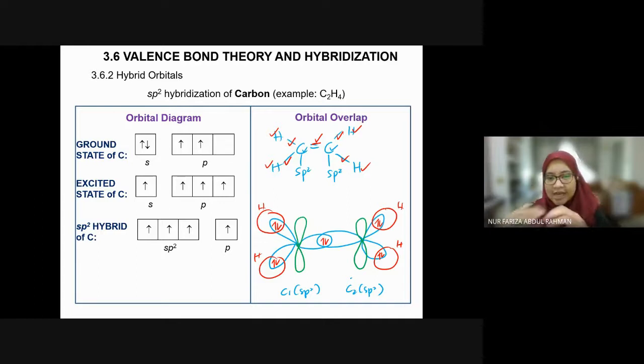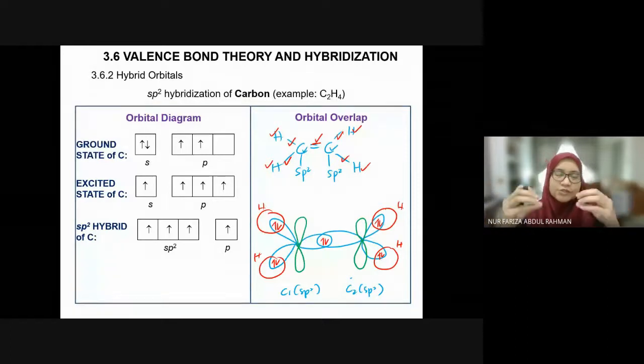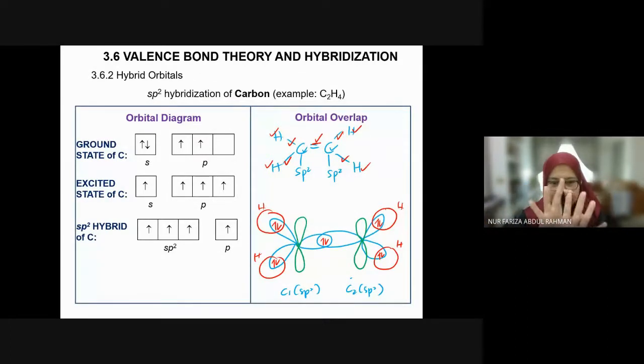But since dia dah extended, dia jadi memanjang ke belakang, jadi dia nampak macam dia tak overlap. Sebenarnya in reality all the bonds, they overlap with one another. Okay, so limitation 2D ni macam ni lah. Bila extended dia, kita boleh lukis 2D dengan cara overlap.